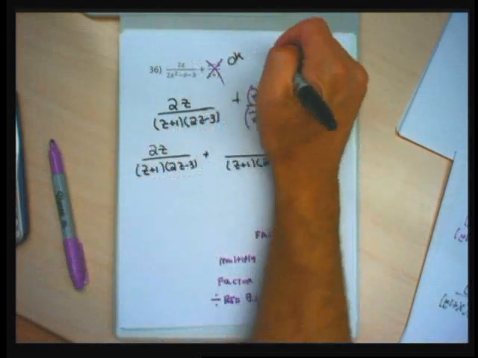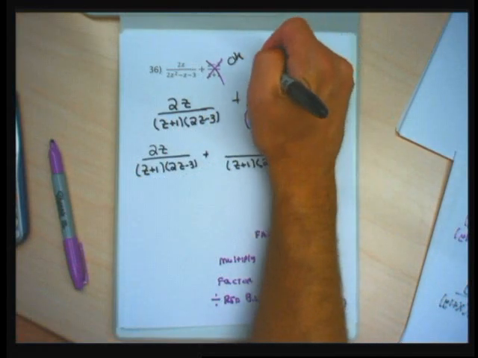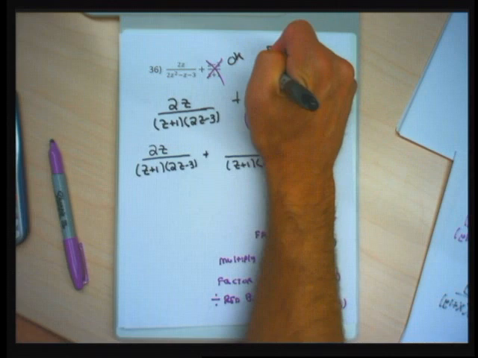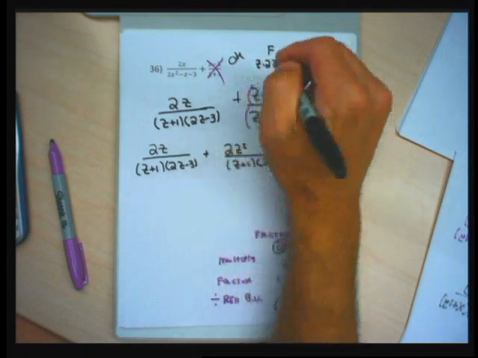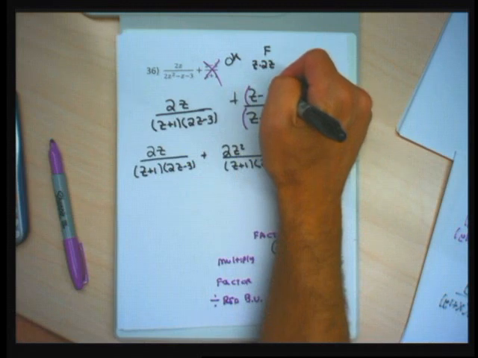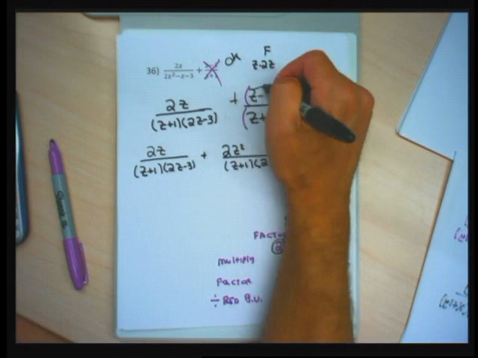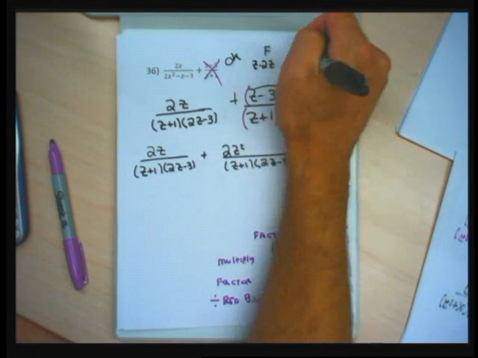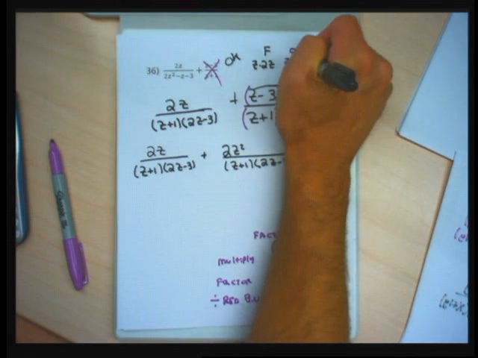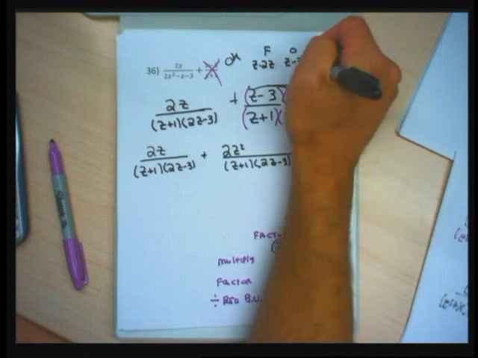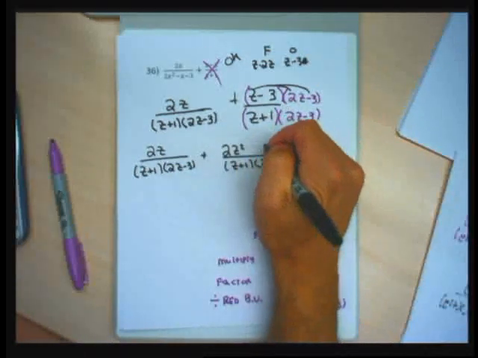So this numerator, I'm going to go firsts of z times 2z, which is going to give me a 2z squared. And then I'm going to do outers, which are z times minus 3, which is going to give me a minus 3z.